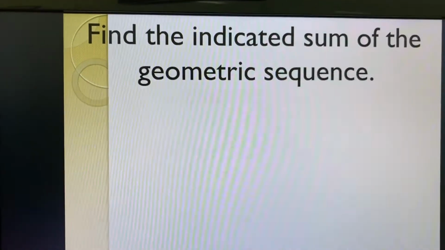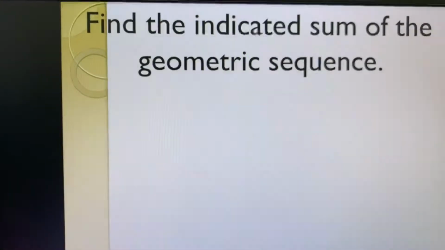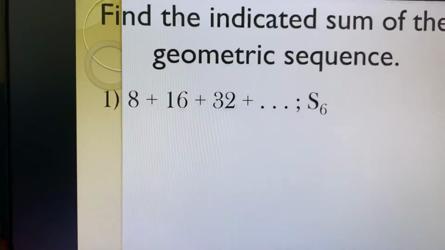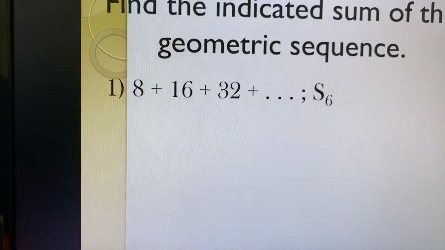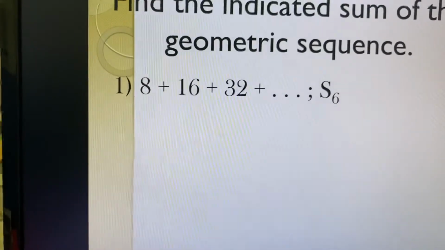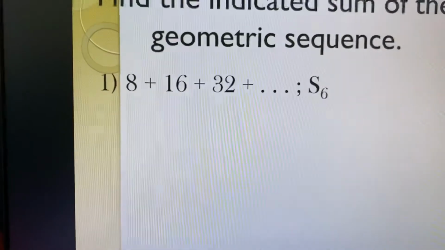Question number 1. Find the indicated sum of the geometric sequence. We have 8 plus 16 plus 32 plus, then we are going to find S sub 6, meaning the sum of the sixth term.